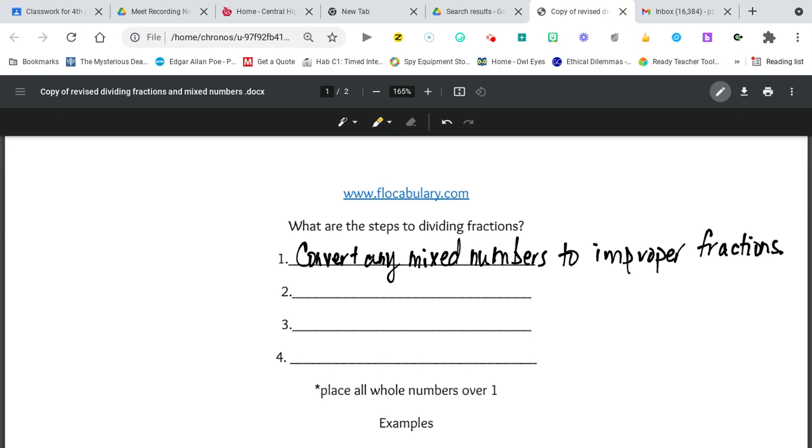The second thing will be to keep, change, flip. That means you're going to keep the first fraction.